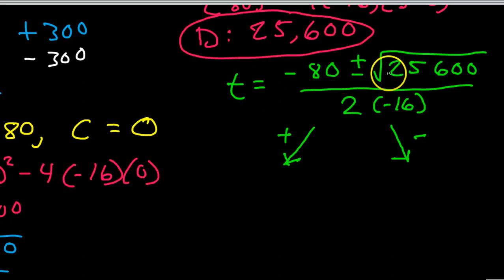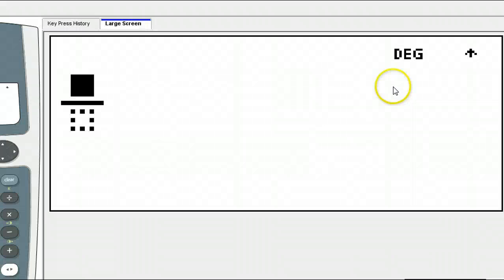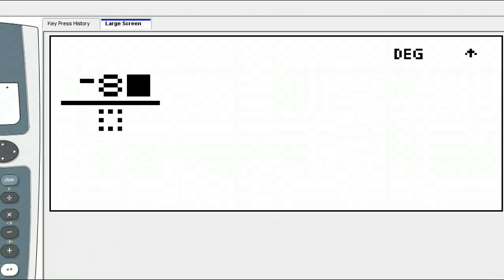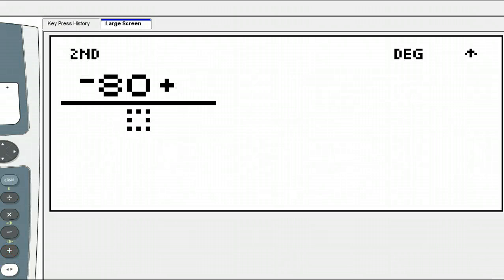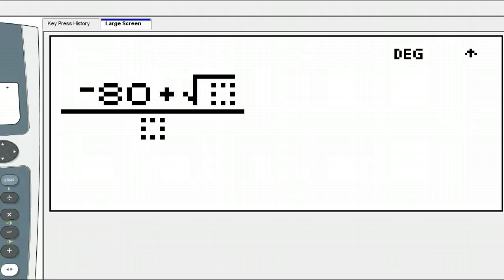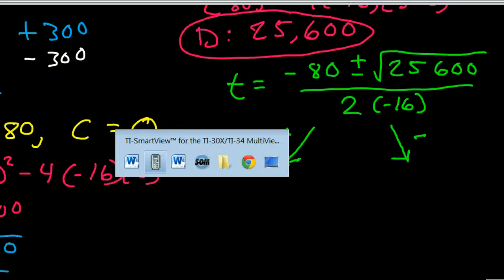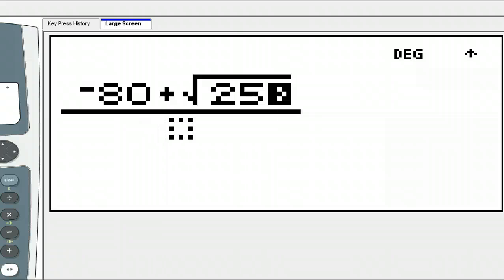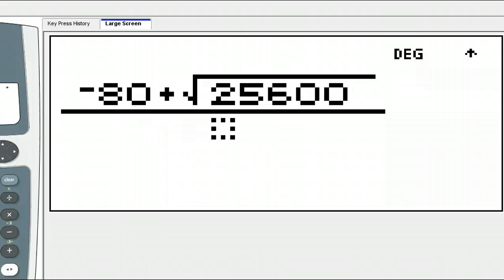So we have negative 80 plus square root of 25,600 over 2 times negative 16.